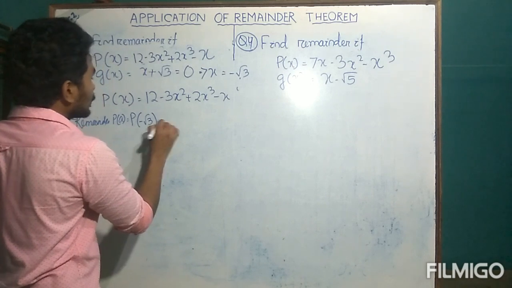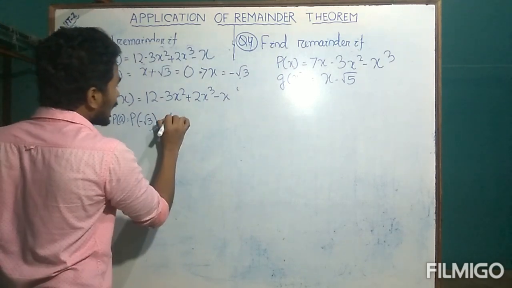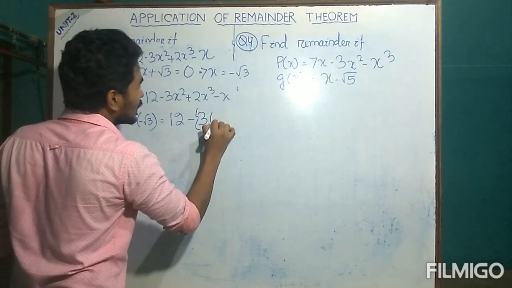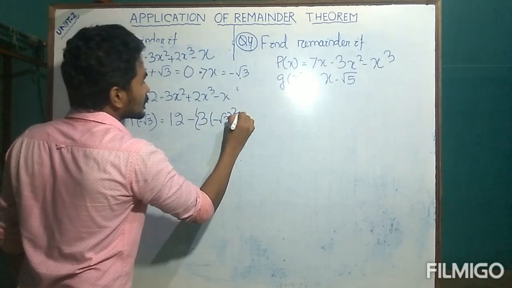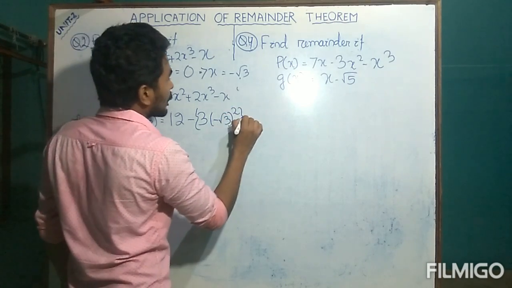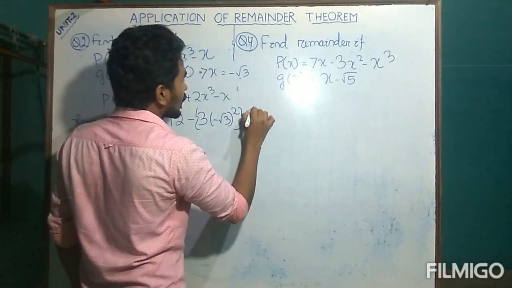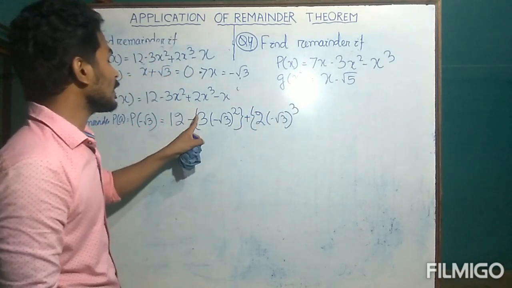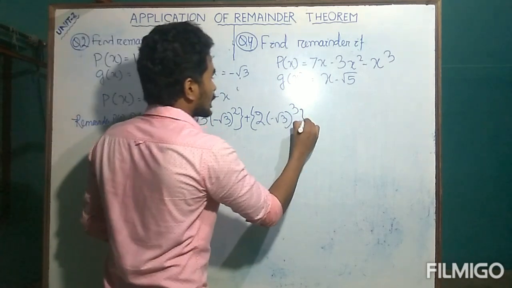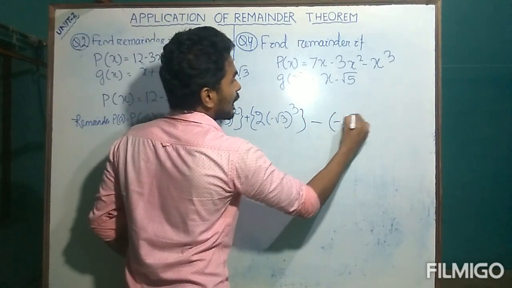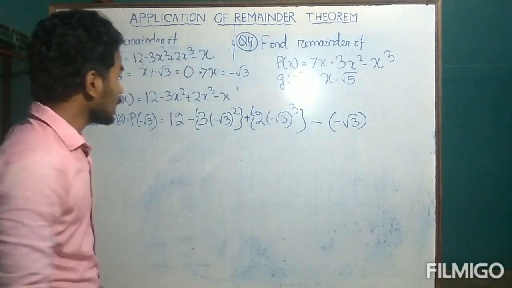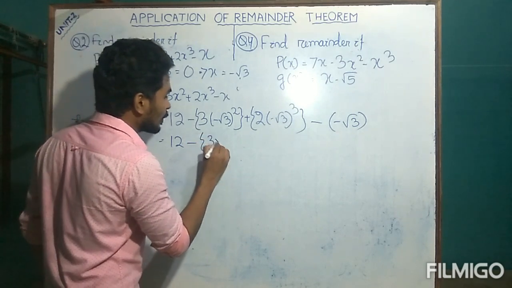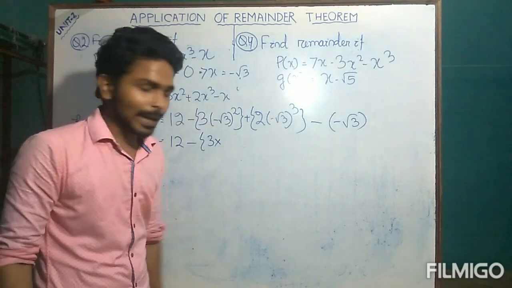Now put the minus root 3 in the place of x, so it will be 12 minus curly bracket minus root 3 square, plus 2 curly bracket minus root 3 cube. We are simply putting the value of minus root 3 in the place of x. Then minus root 3. This is clear? Then 12 minus 3 whole into minus root 3 square.